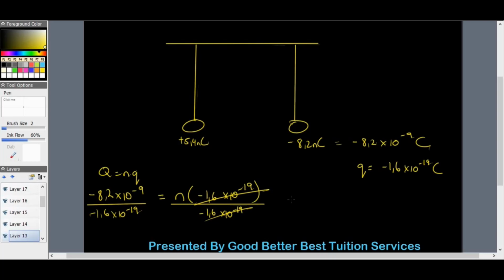You're welcome to use brackets, of course. Brackets just neaten everything. The answer that we get for n is 5,125 times 10 to the 10. Remember, it is an integer.